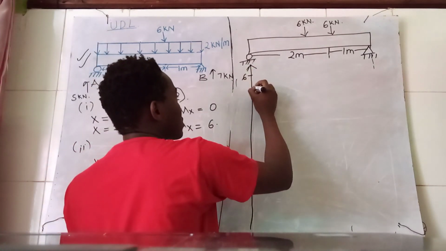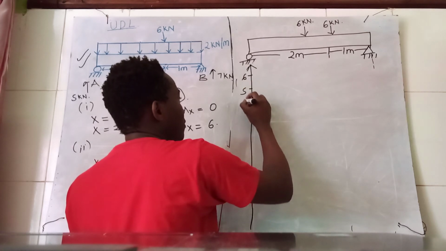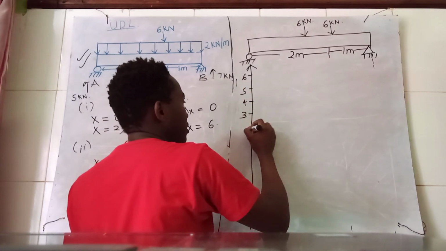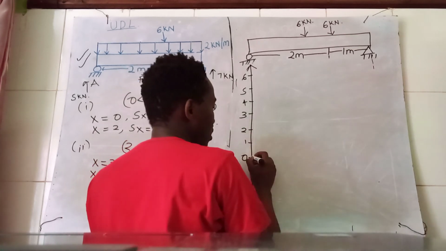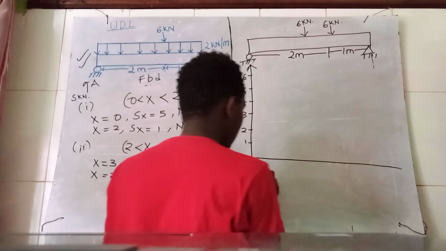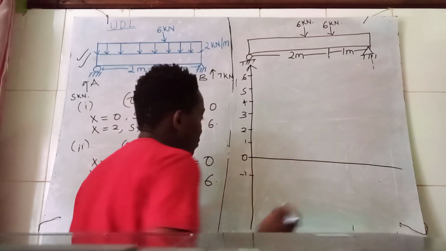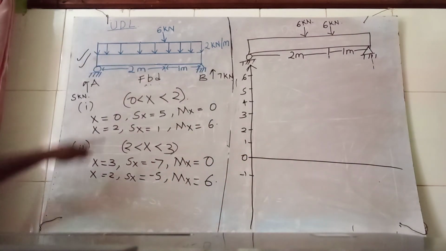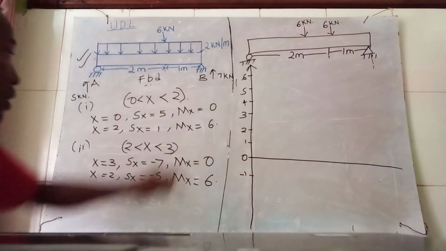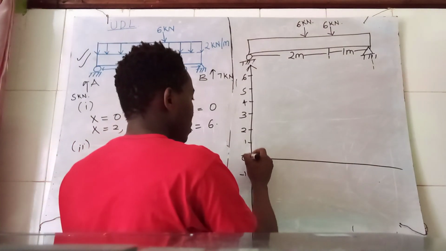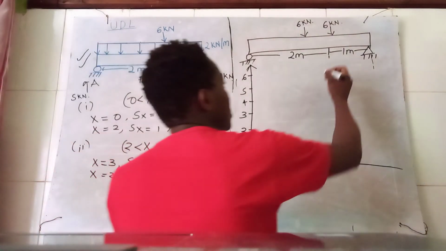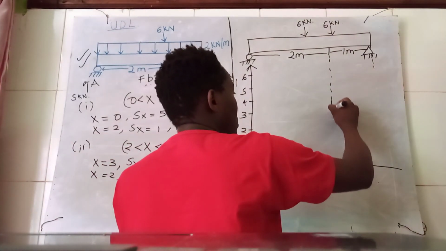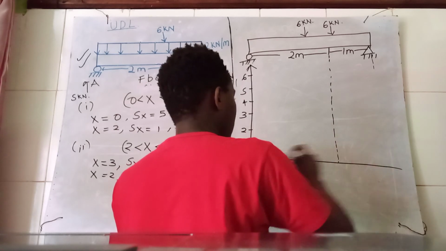So 6, 5, 4, 3, 2, 1, 0, probably a negative 1. Now at x equals 0, Mx is 0. At x equals 2, Mx is 6. So I'm just going to drop that line.